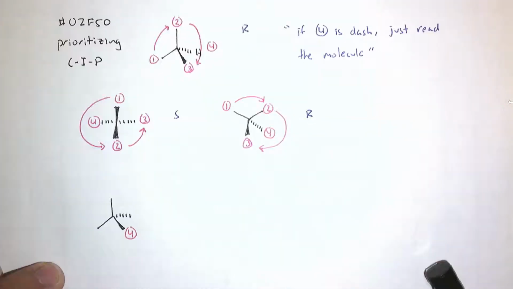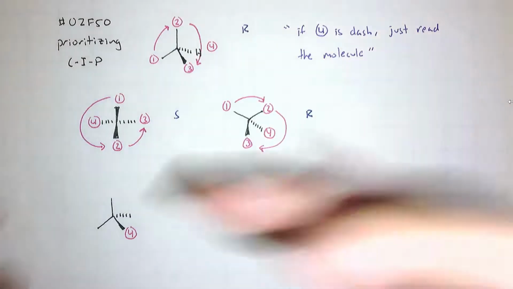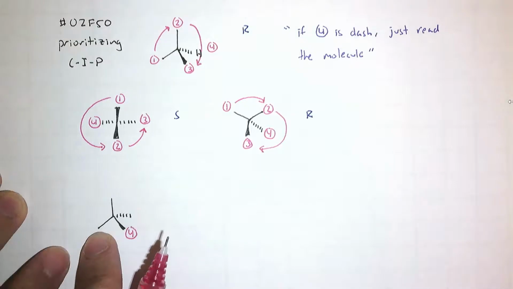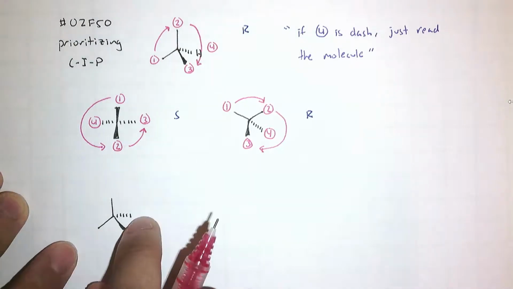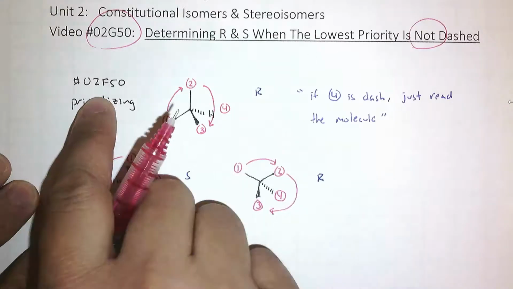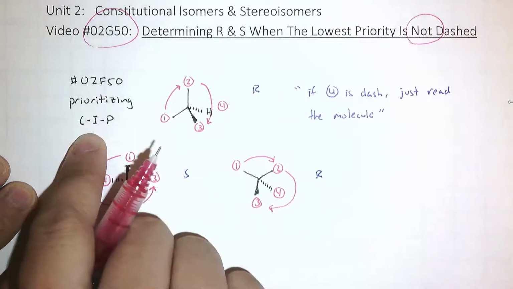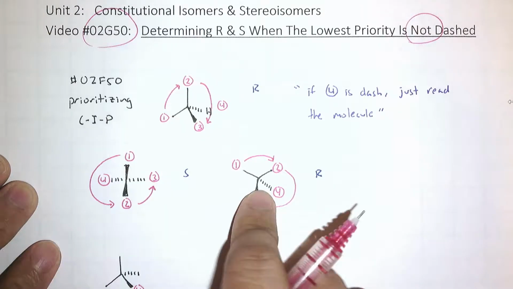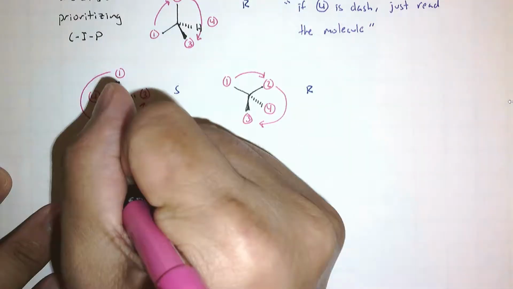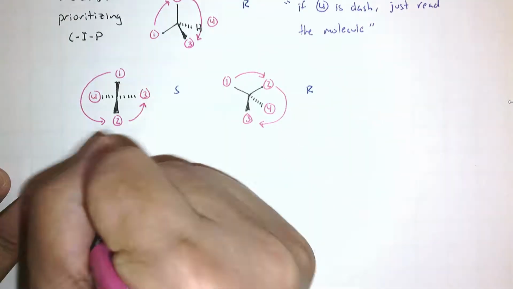Again, if you're still a little bit unsteady about how to prioritize, if these were real groups, like a hydroxyl group or a methyl or a fluoro, then look at the previous video to learn the Kahn-Ingold-Prelog rules for prioritizing. But ultimately, once you know how to prioritize, you can always redraw the molecule and label your 1, 2, and 3.